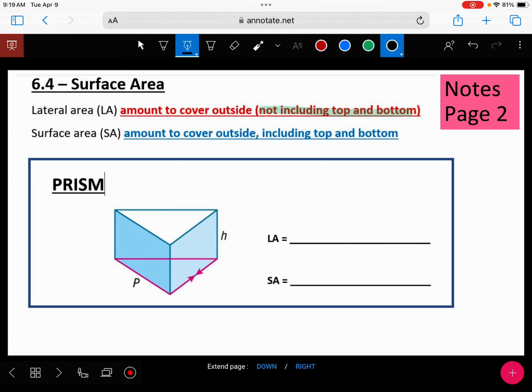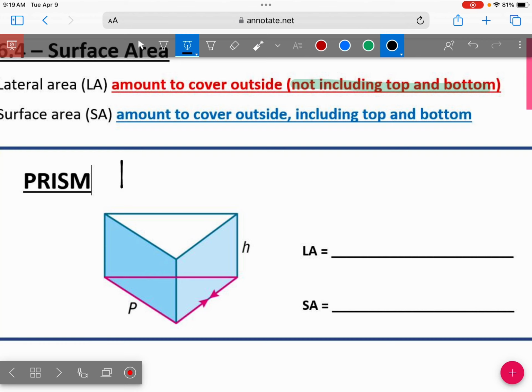First, let's go ahead and define a couple variables. So first we have a capital P. Can you write that it represents the perimeter of the base? Because I'm going to use these letters a lot.